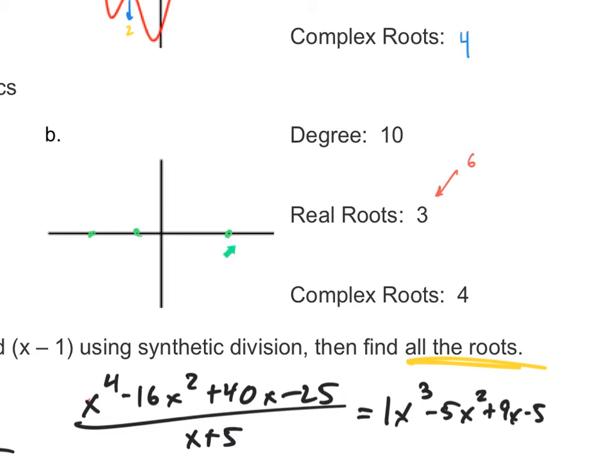So all 3 of these need to be double, and I believe that's really our only option, but I guess we could have a triple root, a double root, and then a single root. So we could draw it that way. You have a single root, then a double root, and then a triple root. So now there we have it.